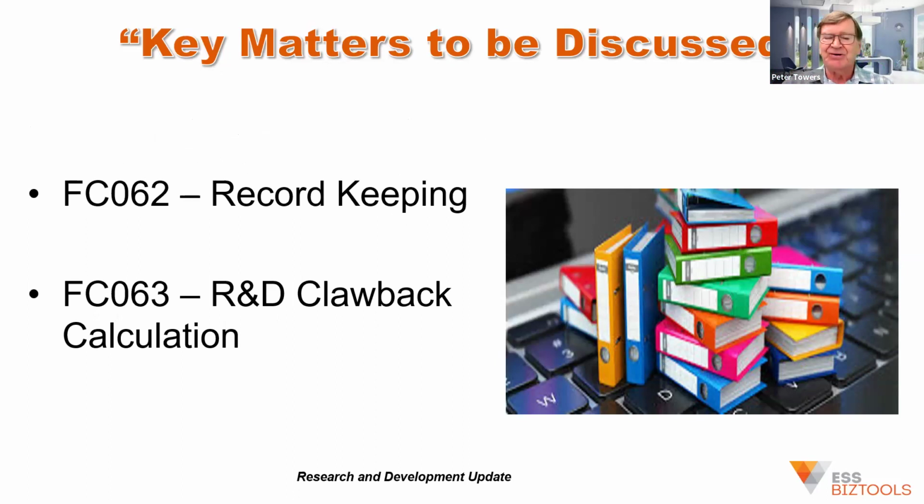And bear in mind, of course, that the tax office will know that a government department has approved grants to your client, and they will probably be looking for a clawback. And if there's no clawback, you will need to have a reason as to why there was no clawback. None of the money was spent on the activity associated with research and development. Just make sure that's a correct comment by your client.